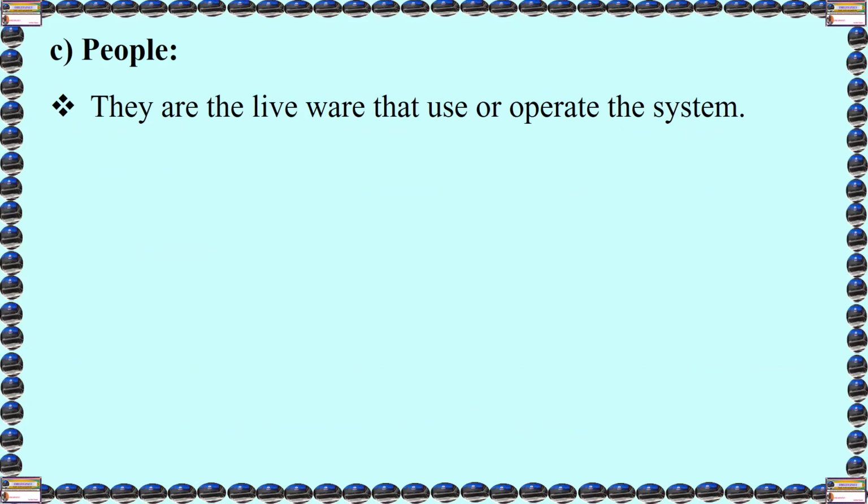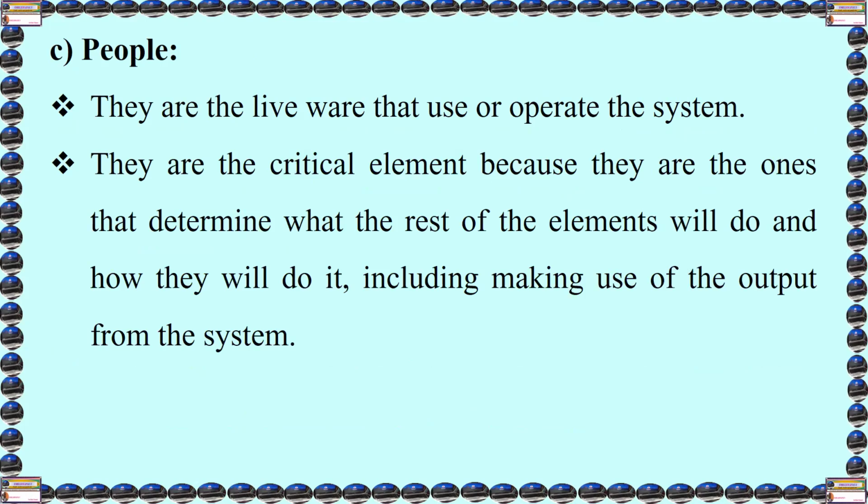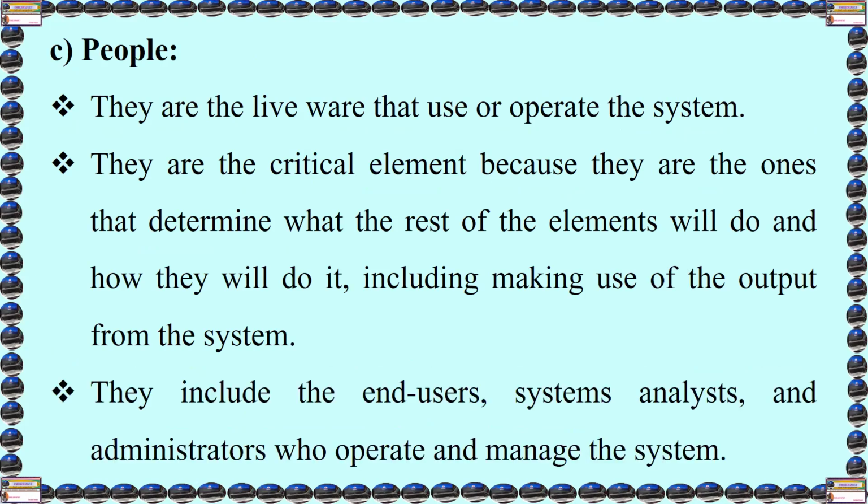They are the ones who even come up with the system itself. So these are the liveware that use or operate the system. They are the critical elements because they determine what the rest of the elements will do and how they will do it, including making use of the output from the system. They include the end users, system analysts, and administrators who operate and manage the system.